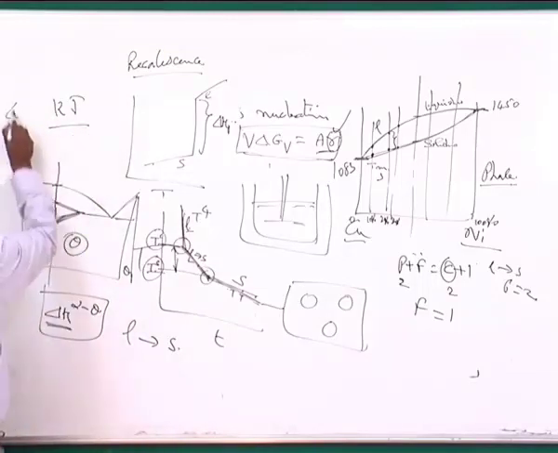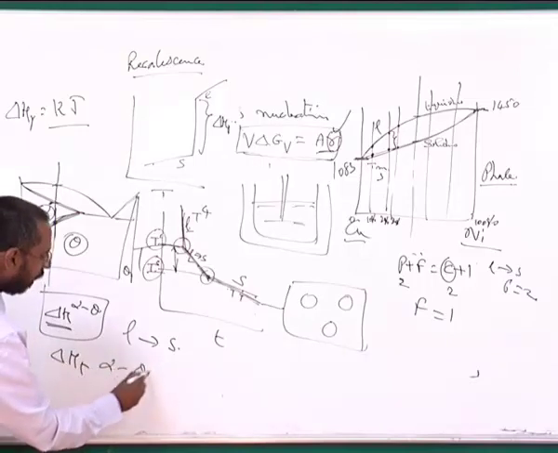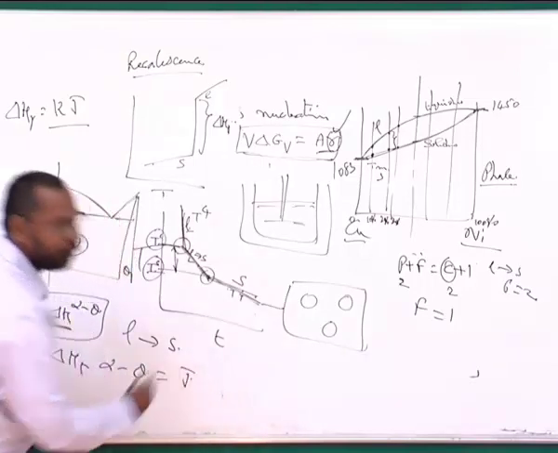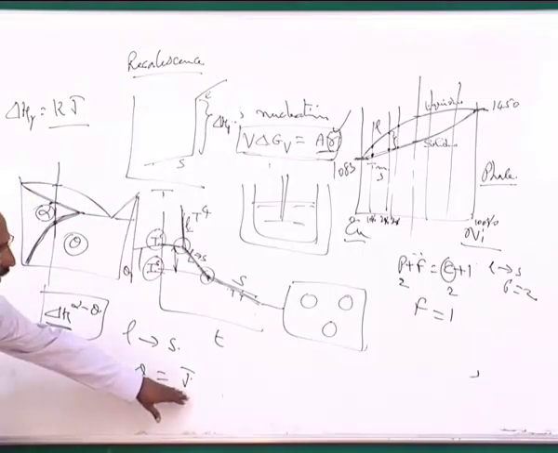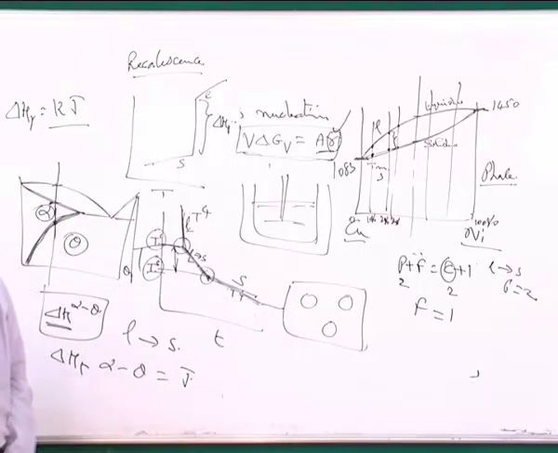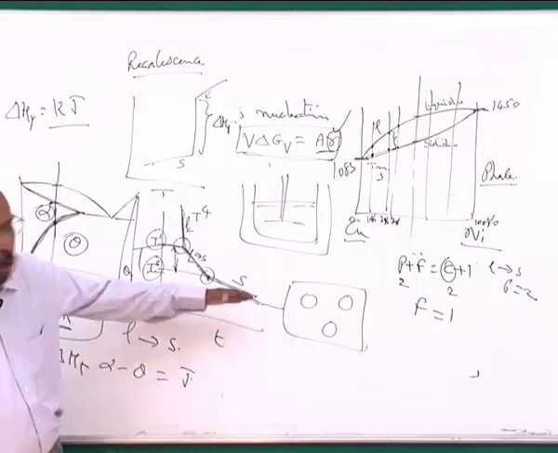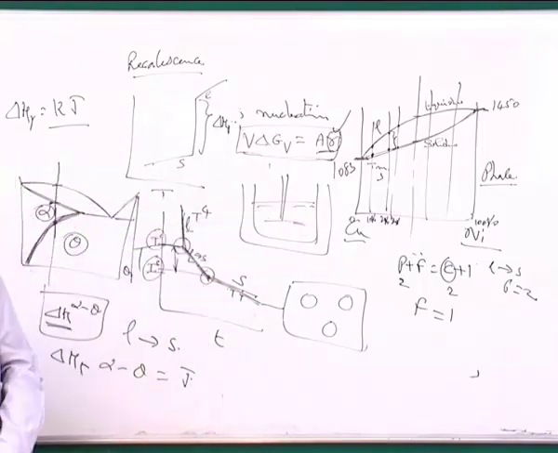Most of the time delta H of fusion is of the order of a few kilojoules, whereas delta H of transformation from, let's say, alpha to theta is only a few joules, maybe a few hundreds of joules, and as a result such kind of transformations do not bring a slope change here, and that slope change may be so small for your thermocouple to be able to detect.